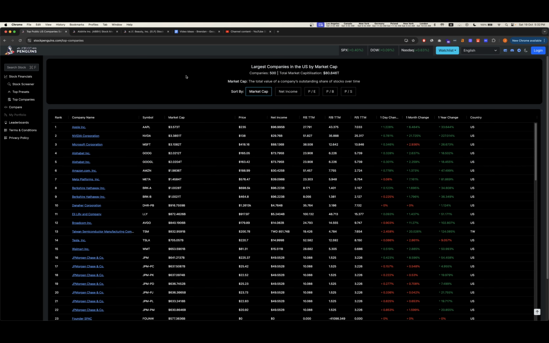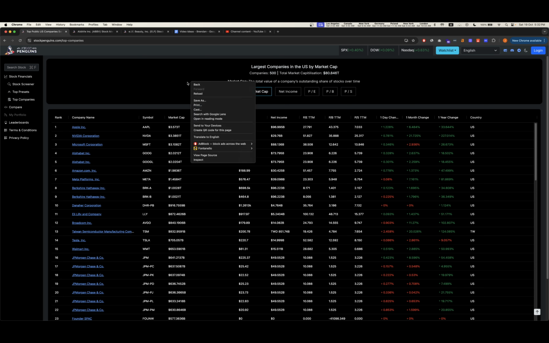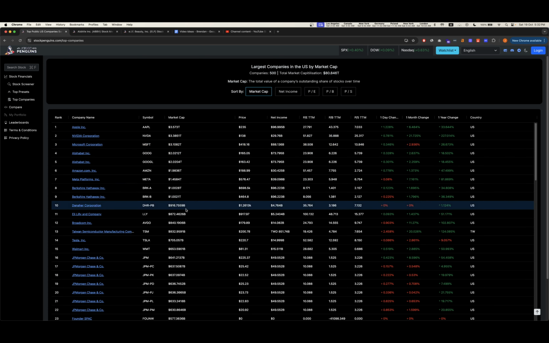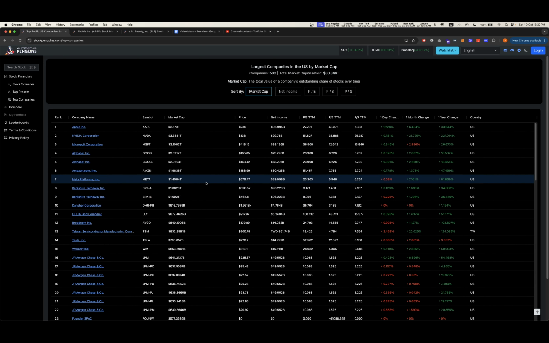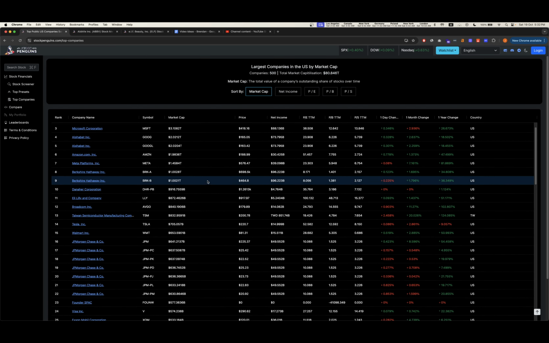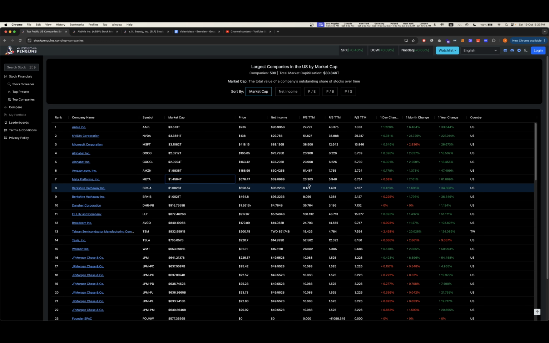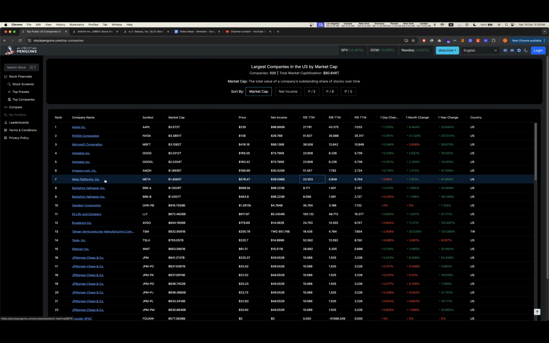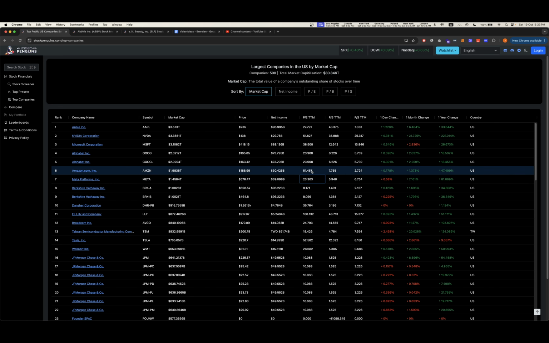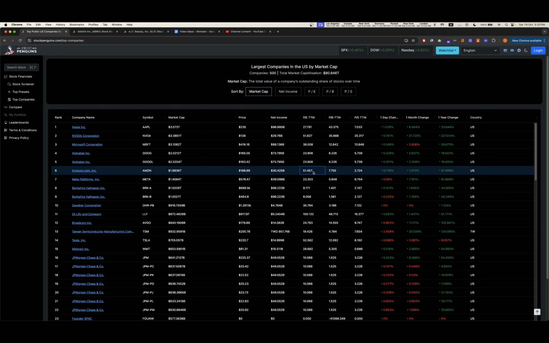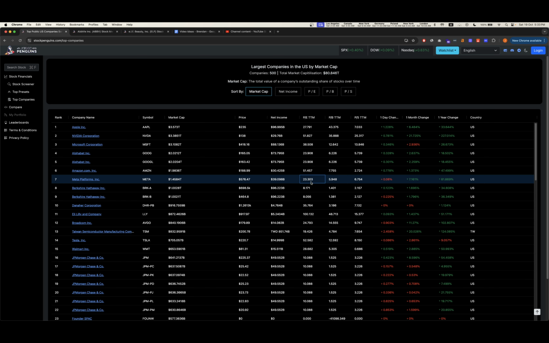The reason why we put in the price to earnings, price to book, and the price to sales trailing 12 months is because if you are comparing companies among different industries, you generally get a sense. For example, Meta Platforms is a technology company. So a price to earnings of 23, if you compare it to Amazon, looks like a better buy than Amazon right now, purely because they have a lot more earnings.